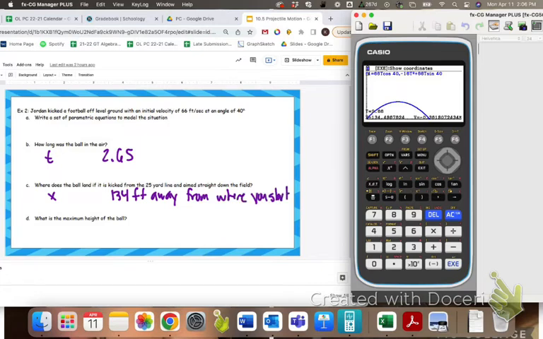All right, now we want to find the maximum height of the ball. So again, just to estimate here, we're going to go ahead and trace. If you want to see those more exact ways to find it, we'll do that in the other video. All right, so I'm going to trace here, and again, I'm going to trace to that highest point. Because that PTCH is 0.01, it's going to get me pretty close here. So let's keep looking. Those values are getting bigger.